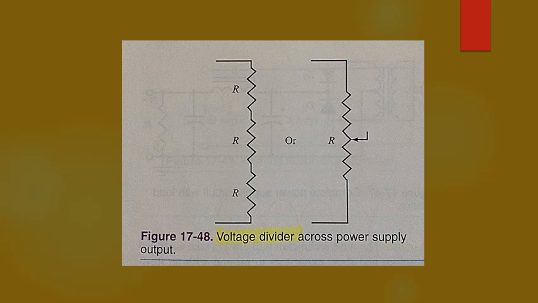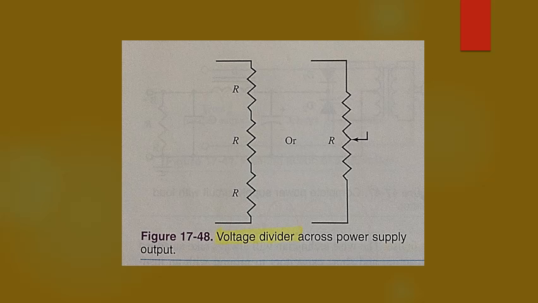Third, the load resistor acts as a voltage divider. The load resistor provides a way of obtaining several voltages from the supply. Replacing the single load resistor with separate resistors in series provides several fixed DC voltages.